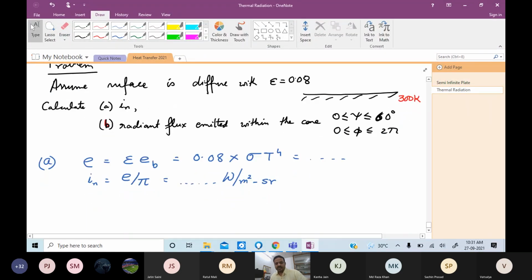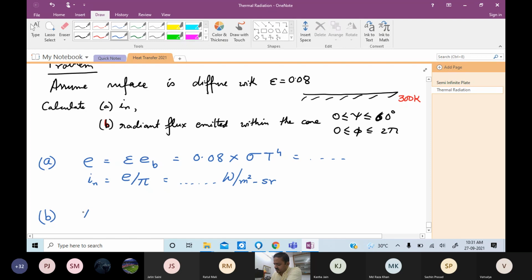Okay. Next one is calculate the radiant flux emitted within the cone defined by that. If psi extended from 0 to 90 degrees, it would have been just E. But what they're saying is no, it is the radiant flux emitted in the cone 0 to 60 degrees.